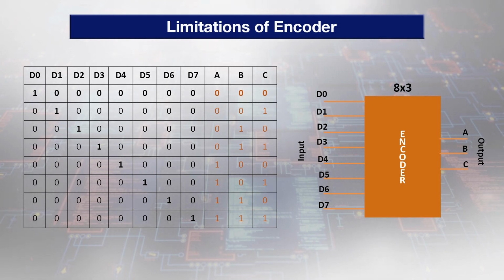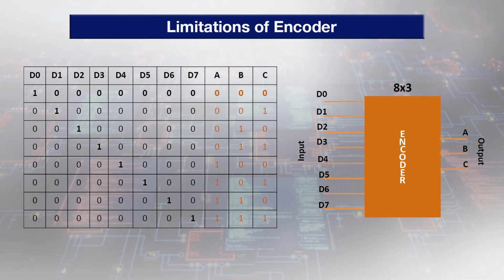When the D0 input is high, the corresponding output is equal to 0, 0, 0, and that is also verified from the logic circuit, because here this D0 input is not connected to any of the OR gates.